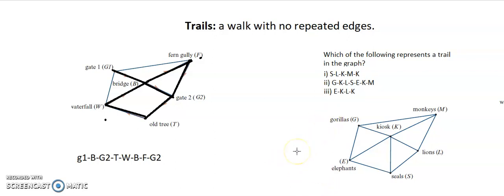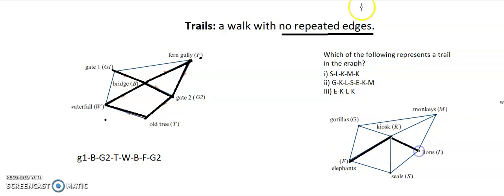The first thing I like to think about is trying to get rid of something that we can easily cancel out. And one thing we know about a trail is there's no repeated edges. One thing we can see with E to K, K to L, and L to K is that there will be a repeated edge.